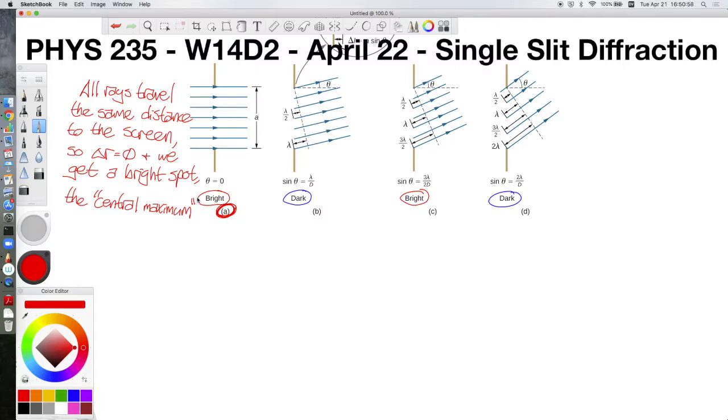Now the next one I want to talk about is this first dark spot right here, and I'm going to do this work in green. So here we have still the same 7 rays all traveling off to the right towards the screen, elevated at some angle theta from completely horizontal in this diagram. And I want to convince you that somehow all of these rays, no matter how many of them we draw, we are going to get complete destructive interference.